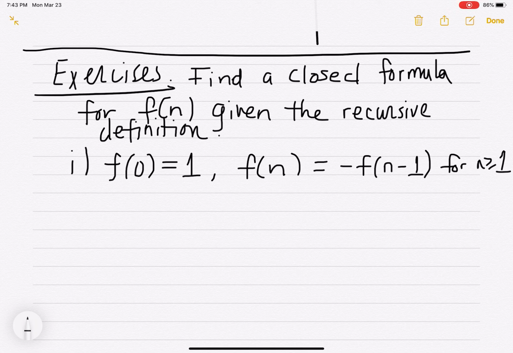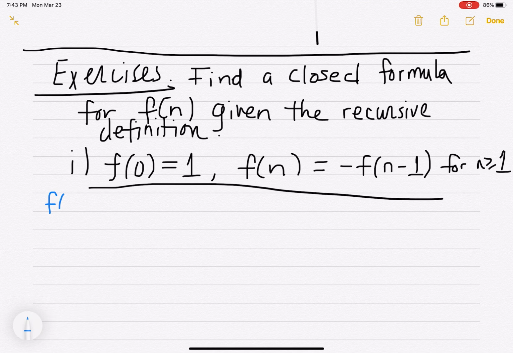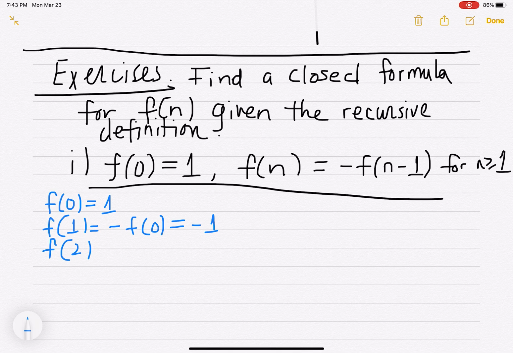So let's write out a few terms just to get a feel for this. So we got f of 0 is 1. So f of 1 is going to be negative f of 0, so in other words, negative 1. F of 2 is going to be negative the previous term, f of 1, in other words, negative negative 1, which would be positive 1.